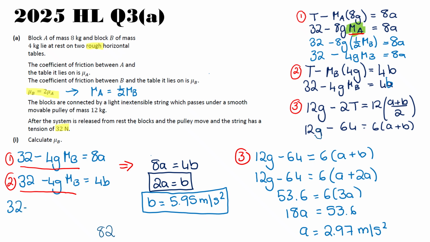So we have 32 minus 4g mu b, remember that's the thing I want, is equal to 4 times b, which is 5.95. So if I multiply that by 4, that gives me 32 minus 4g mu b is equal to 23.82.